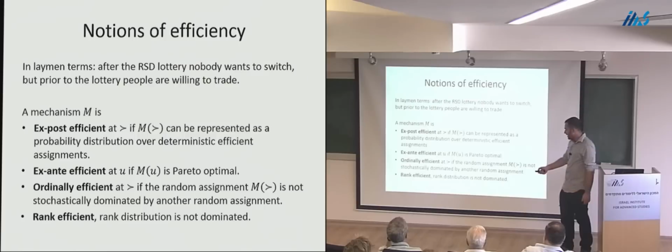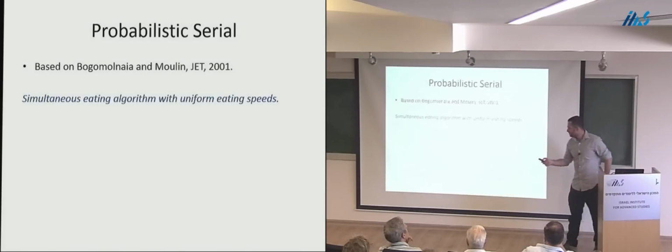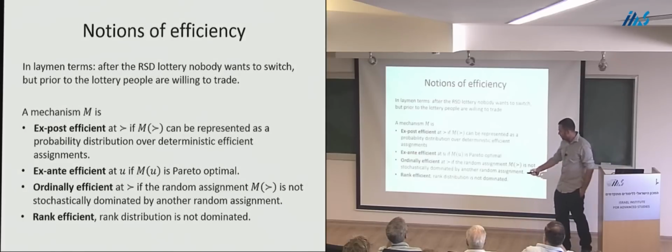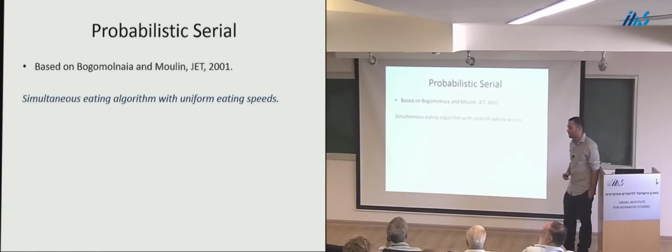Okay? And there is also a term called rank efficiency. I'm going to talk about this a bit later. That means that the distribution of ranks, so how many people get their first choice, how many people get their second choice, and so on, the distribution of ranks is not stochastically dominated by another distribution. Okay? If you're rank efficient, then you're ordinally efficient. If you're ordinally efficient, then you're ex post efficient. Okay?